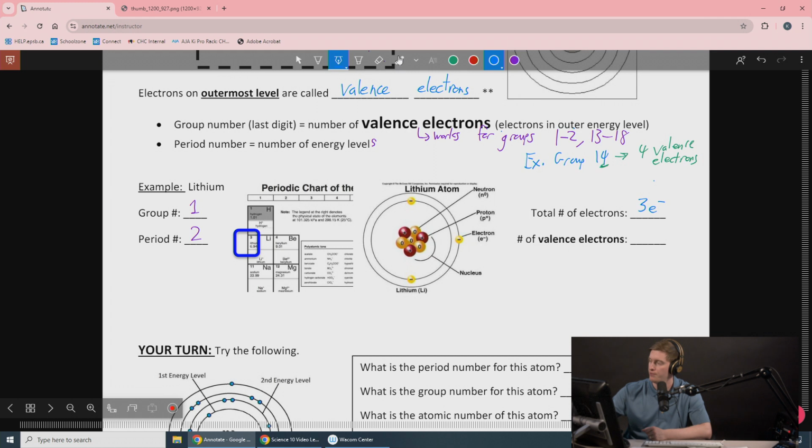However, if we start putting electrons into their energy levels, 2 of them can fit in that first energy level, and 1 fits in the next energy level. Valence electrons are the number of electrons in the outermost energy levels, so there's only 1 valence electron for lithium.